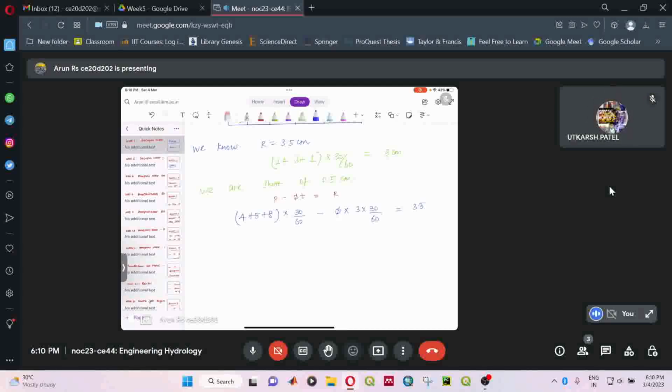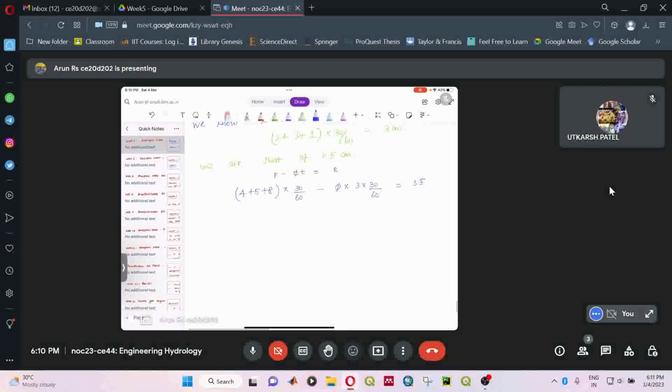Yes, it's 3.33. So if you solve this equation, you will get phi is equal to 3.333 centimeters per hour.